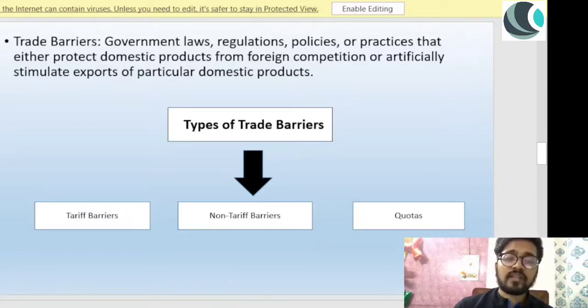Let's say we have started manufacturing some electronic products and we are new into this. Let's say we have started manufacturing mobile chipsets, right? To protect our domestic industry, we'll put some barriers on the international companies or manufacturers who produce these chipsets, because those well-established companies can drop the price of their chipsets, but a new company cannot do that because of economies of scale, right?